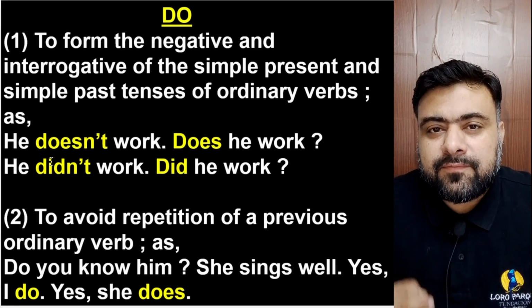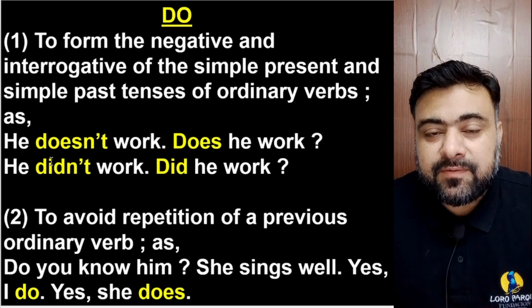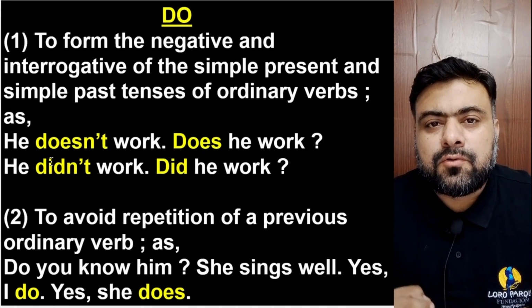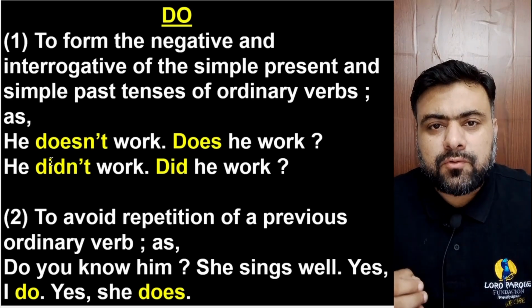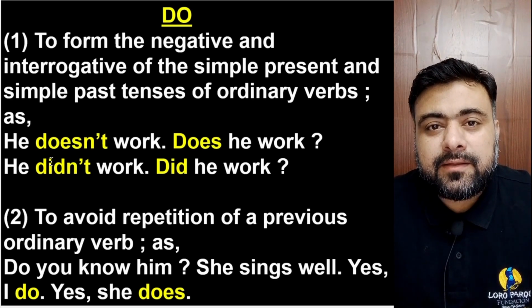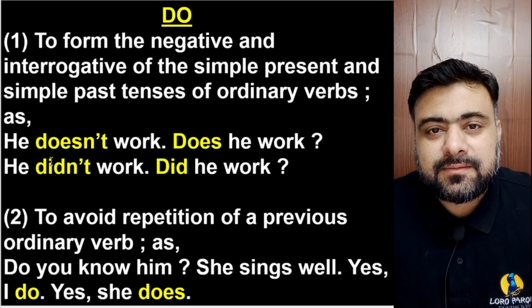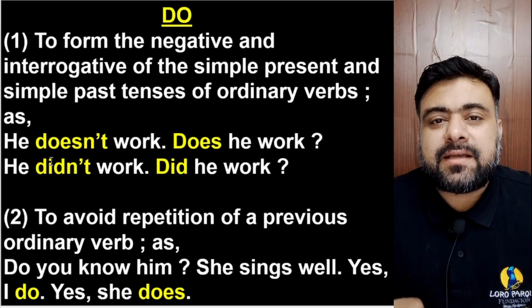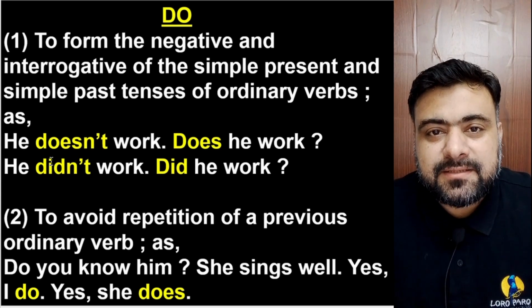But to avoid the repetition of the main verb, know, I simply add, yes, I do. Do you know her? Yes, I do. Does she sing well? Yes, she does. I could have said, yes, she sings well. But I just said, yes, she does.